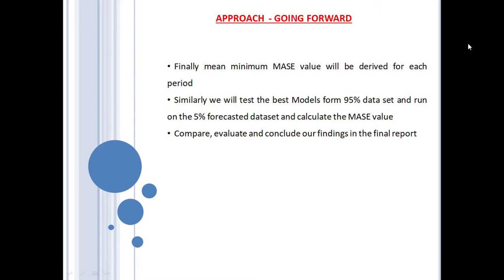Finally, we will calculate the mean minimum Maze value derived for each period, and similarly we will test the best models for the 95% training data set and run on the 5% forecast data set, calculate the Maze value, compare, evaluate, and finally conclude our findings in the final report. So that will be our approach.